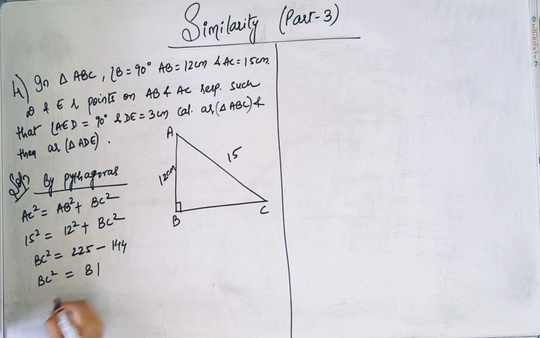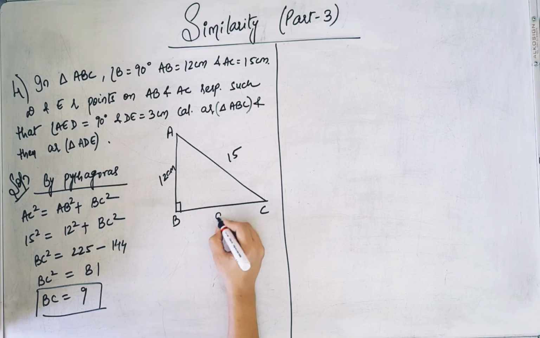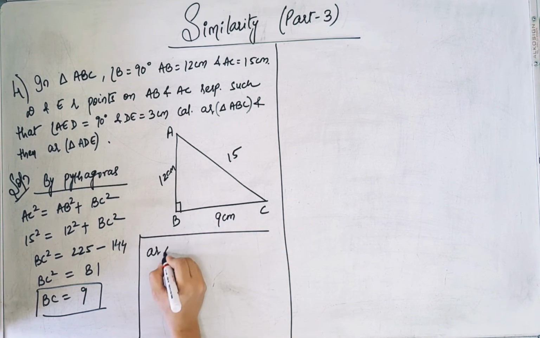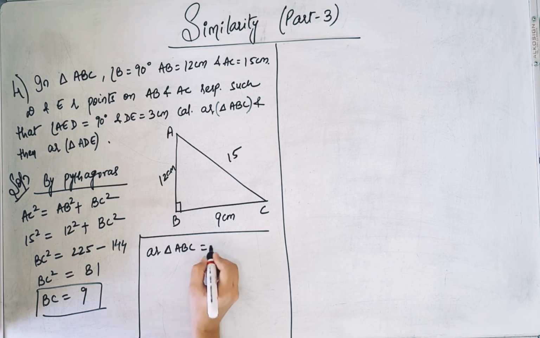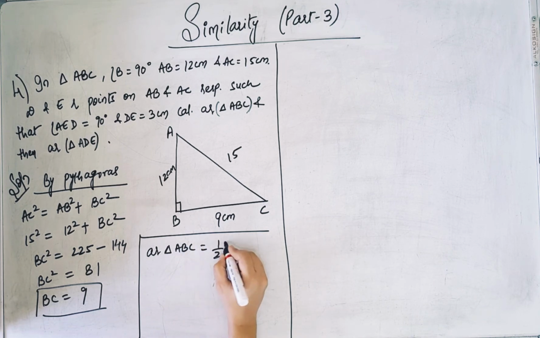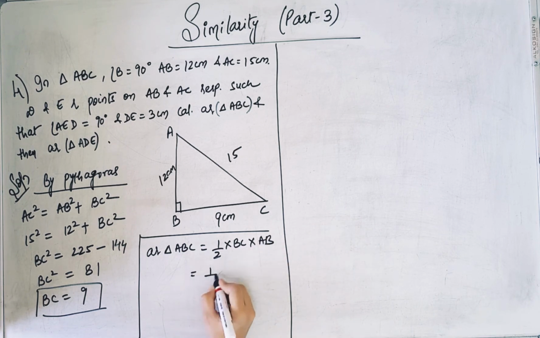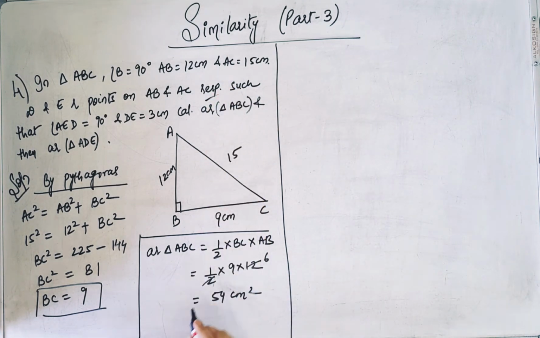BC square will be 81. So the value of BC is 9. Now we can easily calculate the area of triangle ABC. It is a right triangle, so half base into height, BC into AB. So we'll get half into 9 into 12. 2 sixes are 12, we'll get 54 centimeter square. So we have calculated our first part.